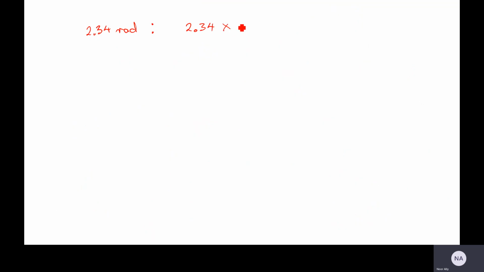So multiply that by 180 over pi, and I get 134.1 degrees. Now, take out your calculator. Yes, have it by your side.